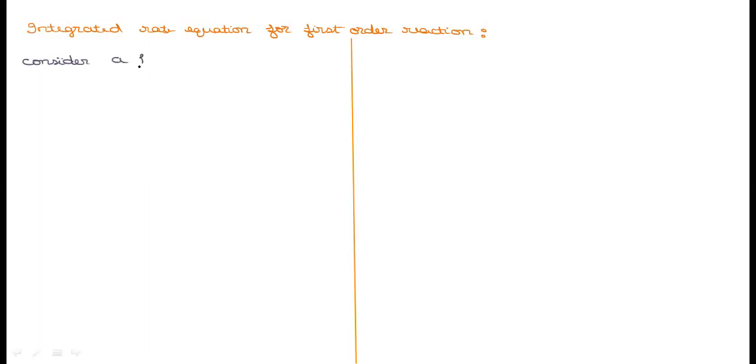Consider a first order reaction, R gives rise to P. And we'll take the rate. From the definition of rate, it is minus dR by dt, and from the rate equation form, R is equal to k into concentration of reactant to the power 1. The difference between the previous one and this is that there it is 0, here it is 1.